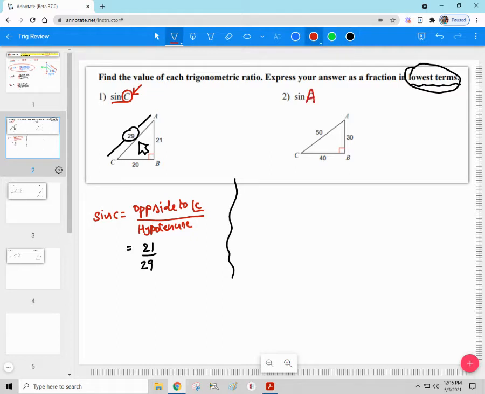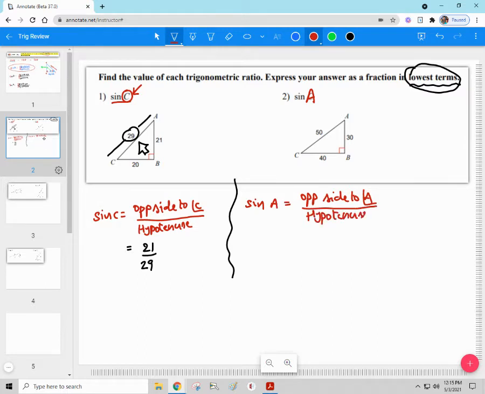Say that you are asked to find sine A. In this question, sine A equals opposite side to angle A over hypotenuse.